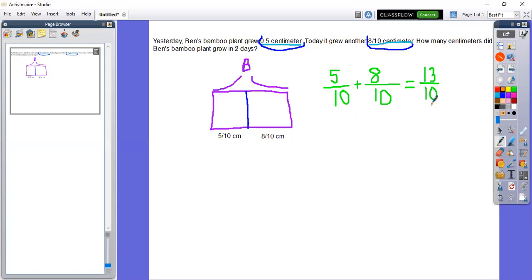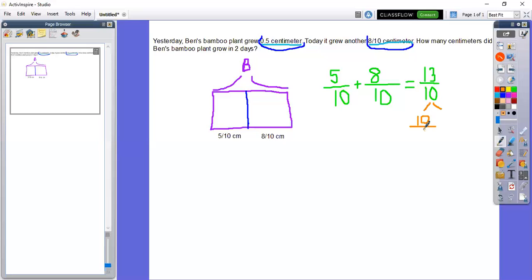Think about a number bond. How would I pull out? What would I pull out of 13/10? Okay, so if I were to do a number bond, my whole is in tenths, so 10/10 is my whole.